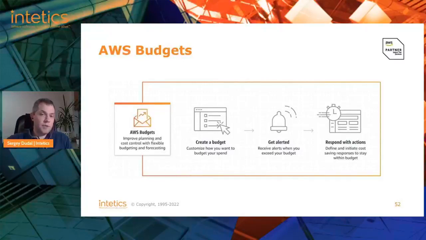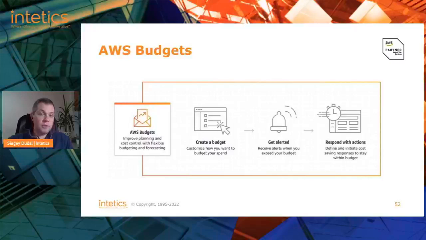Let's review two cases when we can use AWS Budgets. So, for example, we have a fixed budget for our infrastructure in AWS per month. So we can configure an AWS budget with a target cost amount and configure it to send a notification when our actual cost exceeds our target budget.